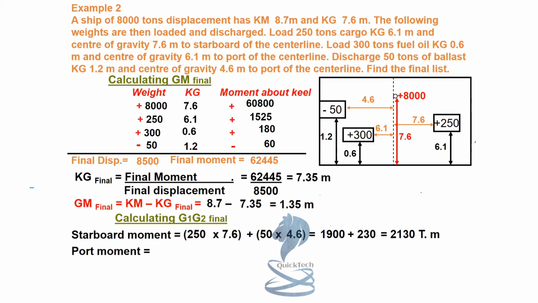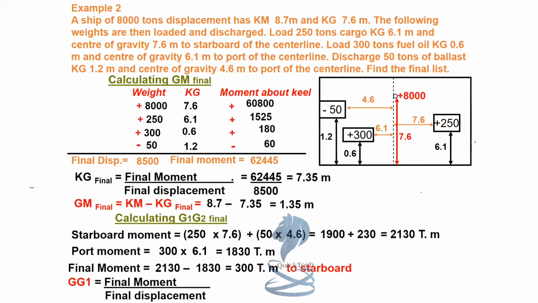Moments on port side: 300 into 6.1 is equal to 1830 ton meters. The ballast removed could have been written on the port side; the values would have been subtracted from port moment. So now final moment 2130 minus 1830 is equal to 300 ton meters to the starboard side.